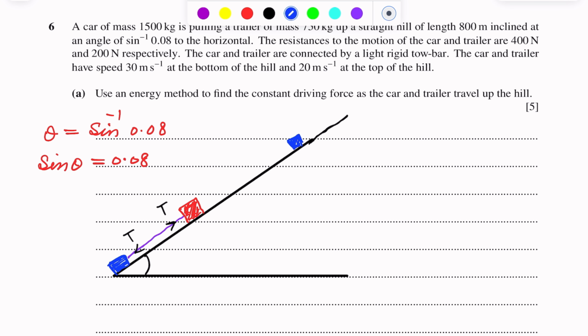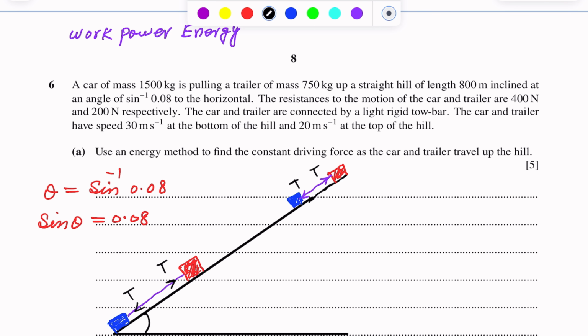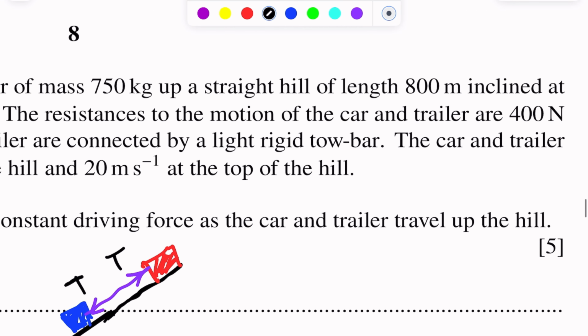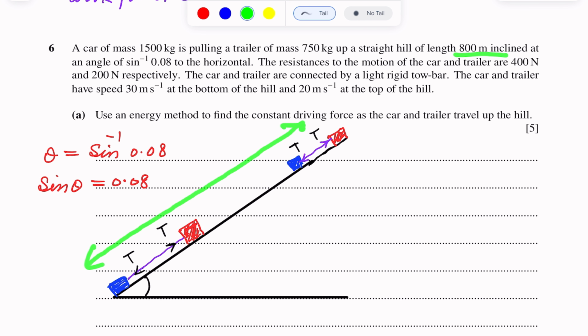This is trailer, car, tow bar. Tension and the straight hill of length 800 meter. This distance is 800 meter.